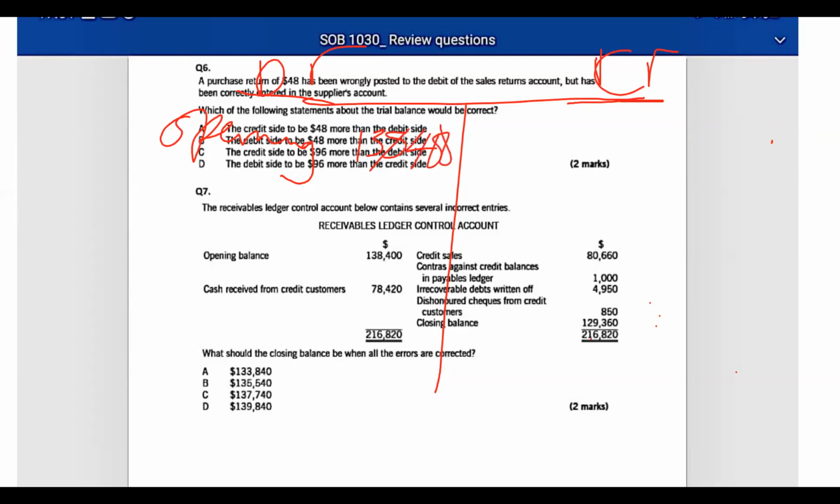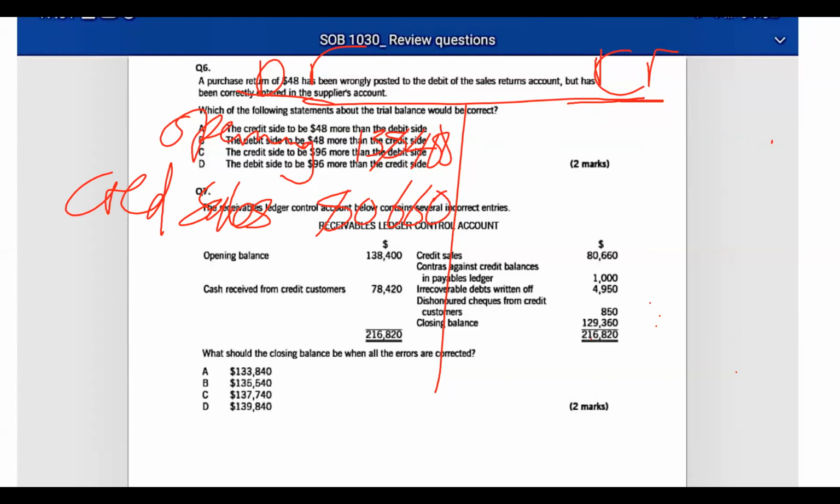Then you check if you have got the credit sales. The credit sales are added to the opening balance, meaning they fall on the same side, the debit side. So we have the credit sales of how much is this? 80,660. Then when it comes to what is it?